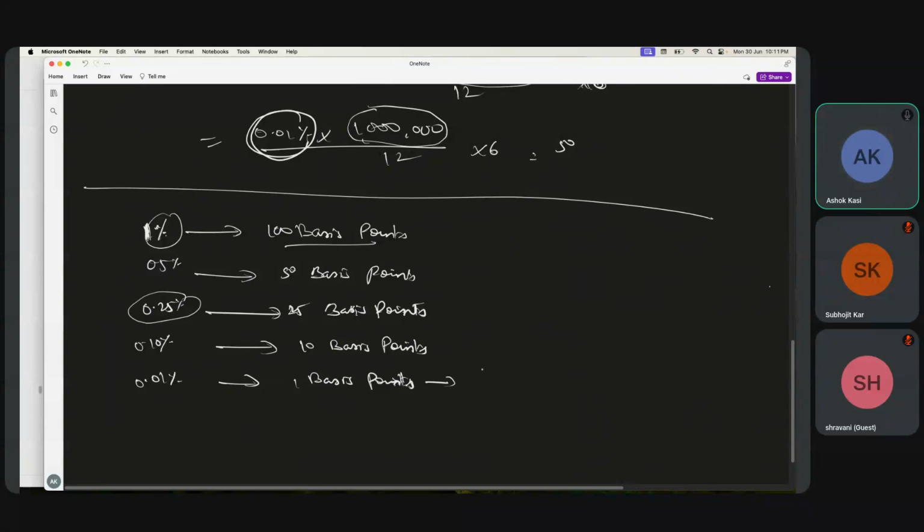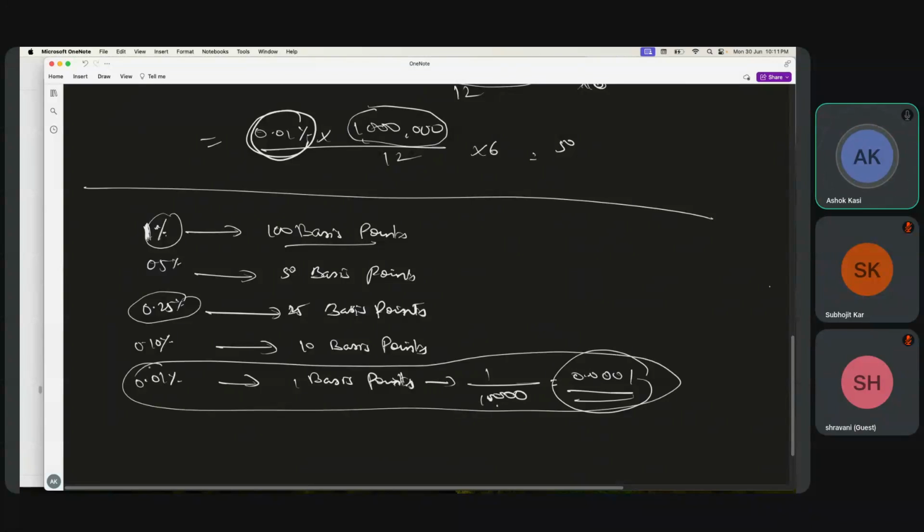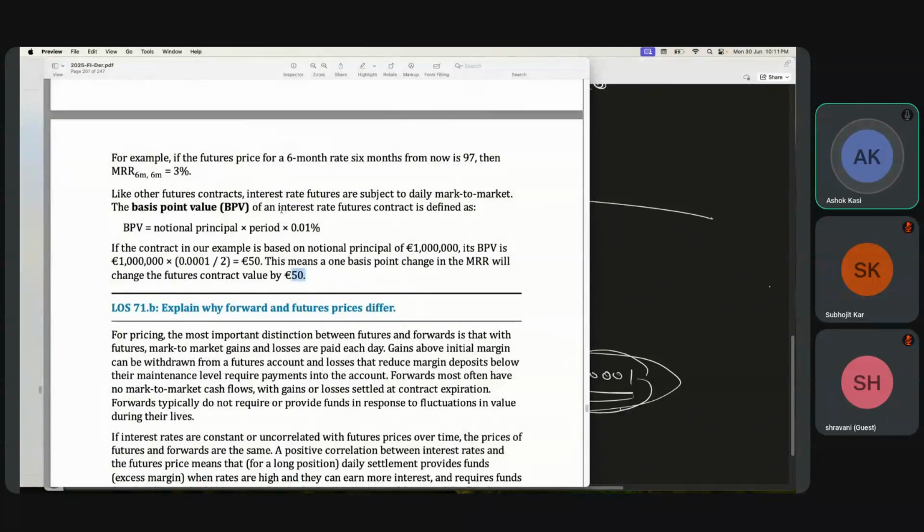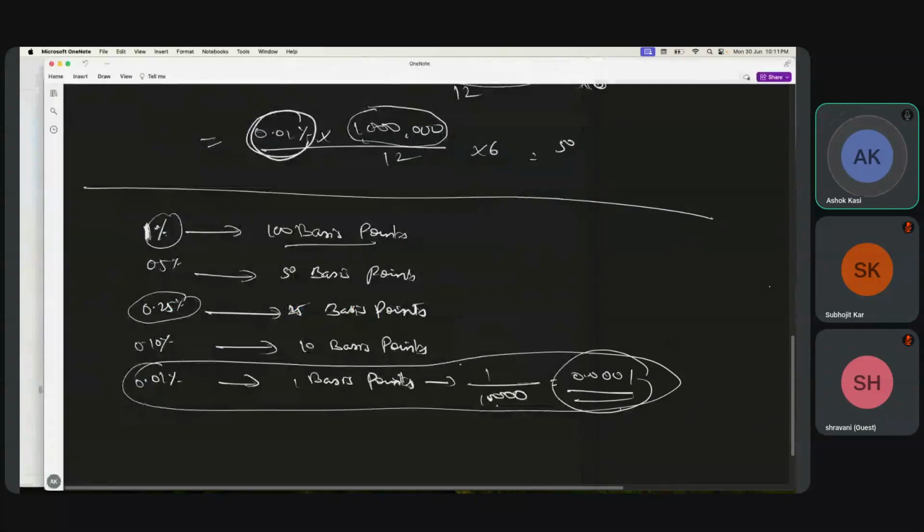One basis point, when we do economics, that time I'll tell you, is considered as 1 by 10,000. That means 0.0001. It goes to that minute level. This we will use in currency more actually. Even here you see the amount is big, $1 million they said, no? Or 1 million euro. Okay, so 1 basis point represents 0.01 percentage. Okay.